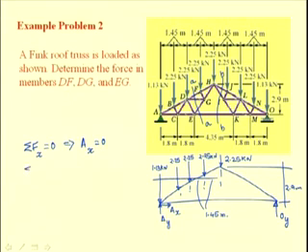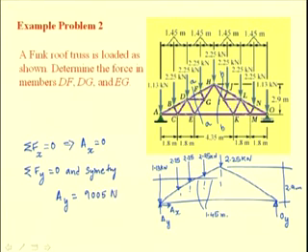Now, by using the equation sigma Fy equal to 0 and the symmetry that exists, we see that this reaction Ay has to be half the total load that is acting on the truss. We determine Ay to be 9005 newtons upward in this case.